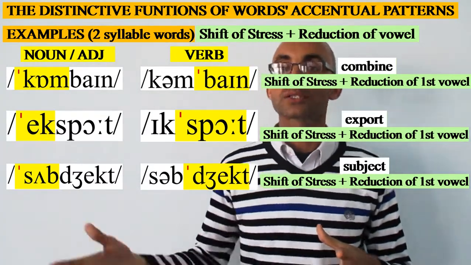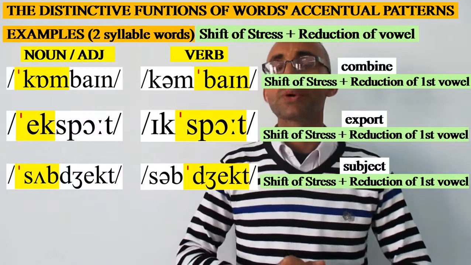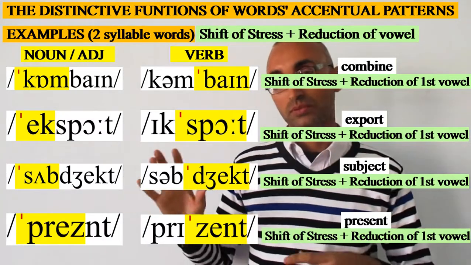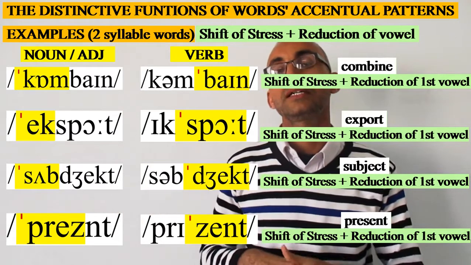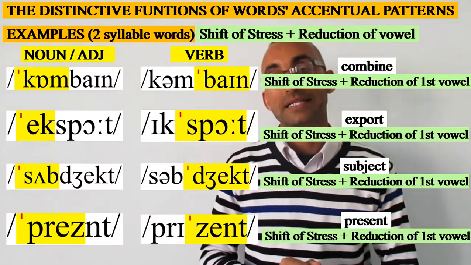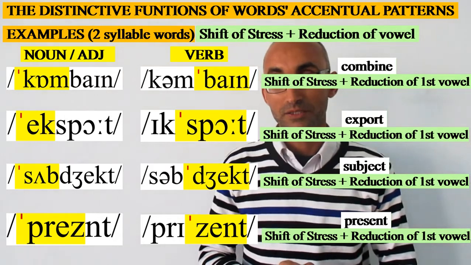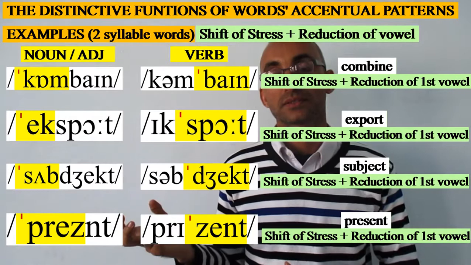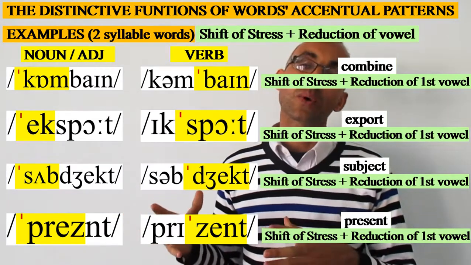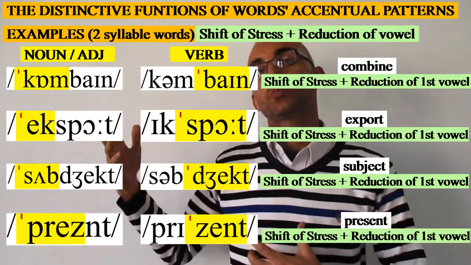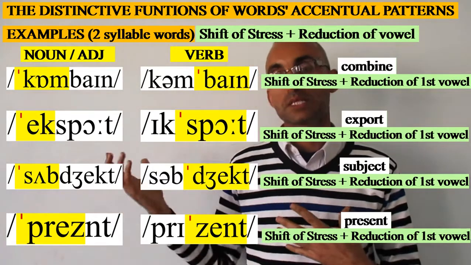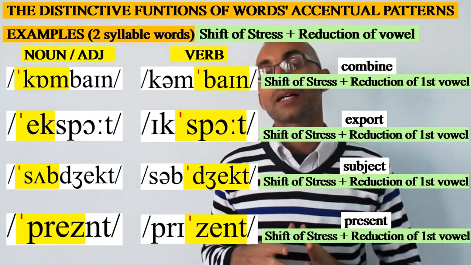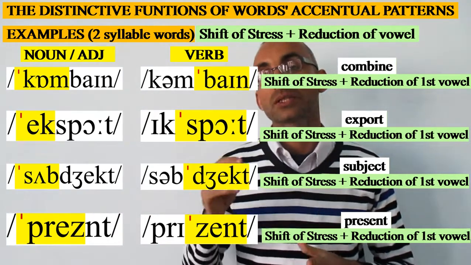Also for the word present, the same thing. Here the first syllable is stressed, and the first vowel in it is a, present. And I also have another word which is present, the same spelling and similar sound structure.